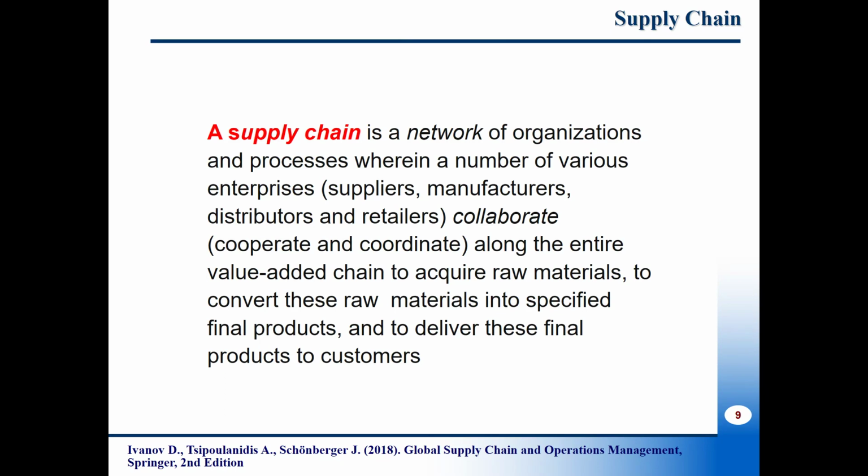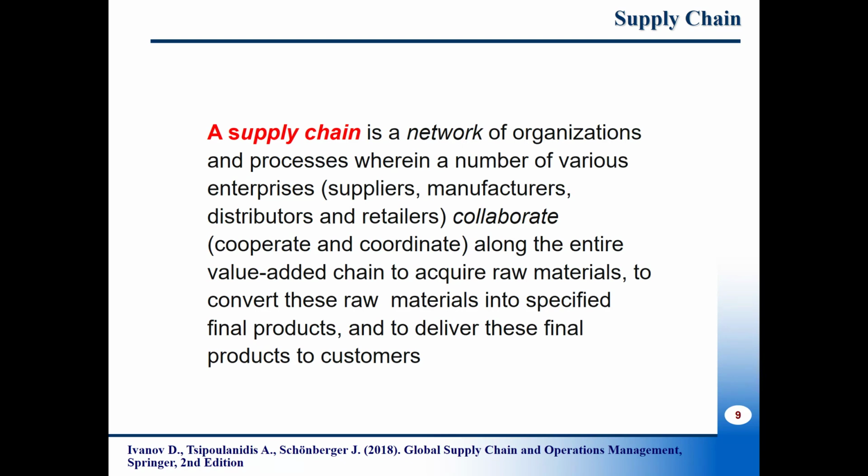Different from operations management, now we are going into supply chain. The supply chain is a network of organizations and processes, meaning that in a supply chain, we need at least two organizations, which can be autonomous organizations, to collaborate, cooperate and coordinate.